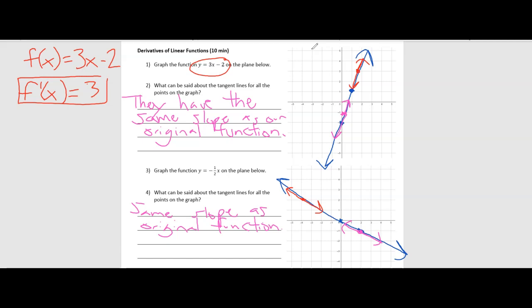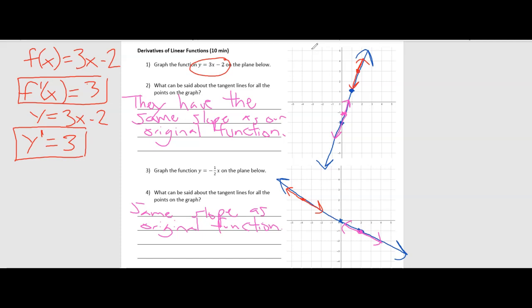Or if we wanted to keep it in terms of y, instead of saying f prime, we can just add a little tick mark to the y. And we could say the derivative of y is equal to 3. So both of those would be telling the same story, that the derivative of our function is equal to 3.